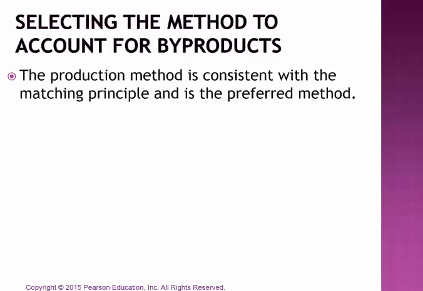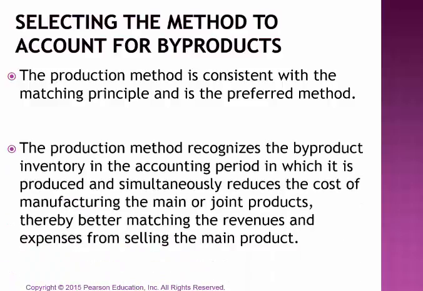So what is our deal here? We've got the production method. This is the one that's consistent with the matching principle and is therefore the preferred method. So expenses are following the revenues. That's why we hold out on recognizing those until the time of sale for the actual byproduct.